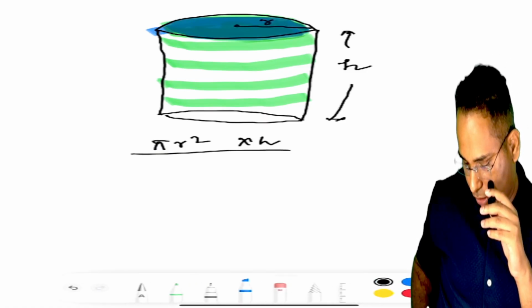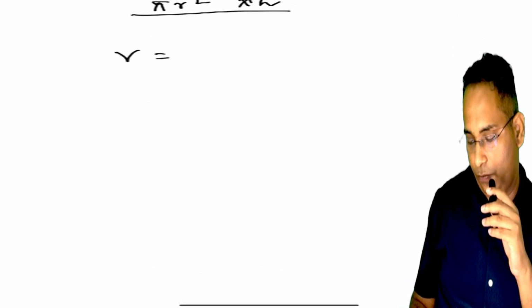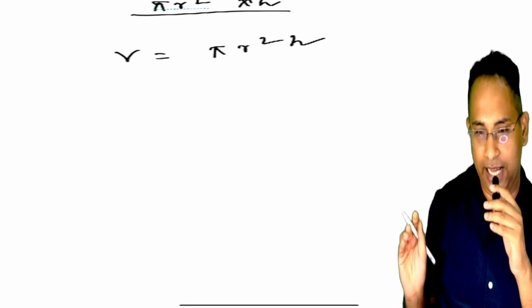Now you yourself have derived the formula for the volume of a cylinder, that is pi r square h.